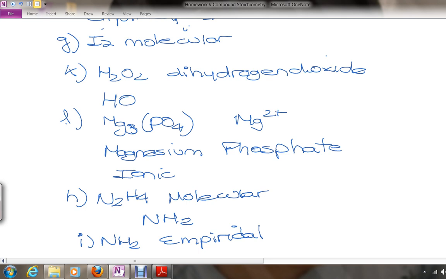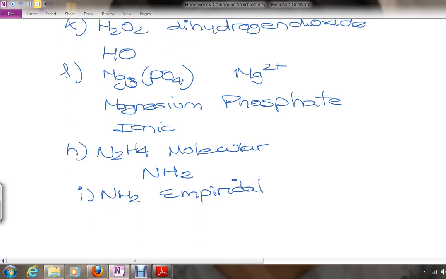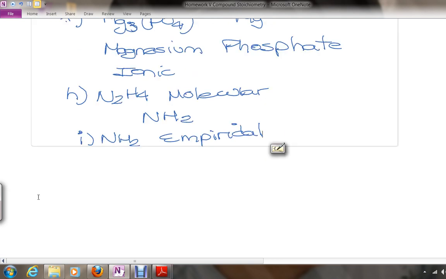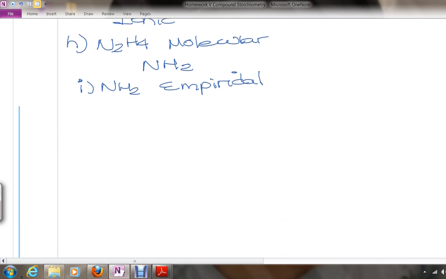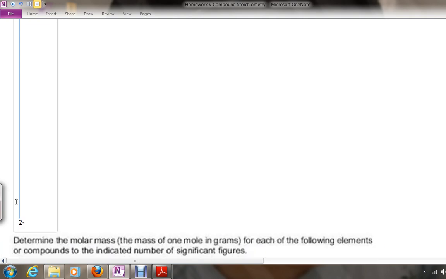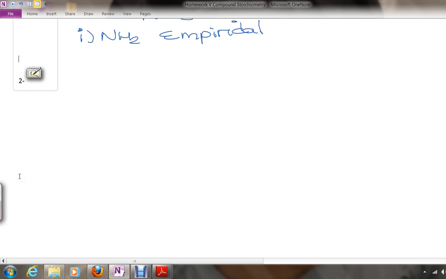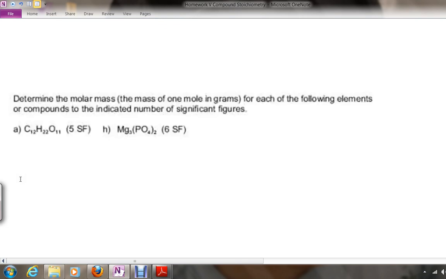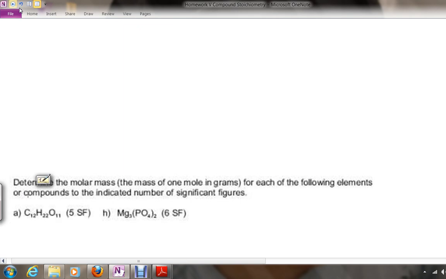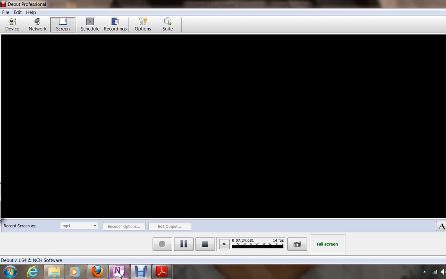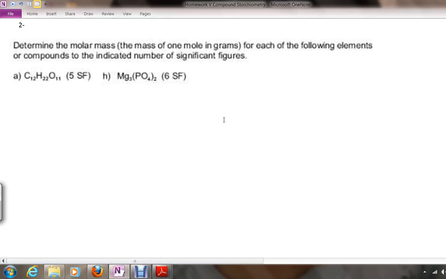Let's go with problem 2. On problem 2, it's just asking us for the molar mass, the grams of 1 mole.